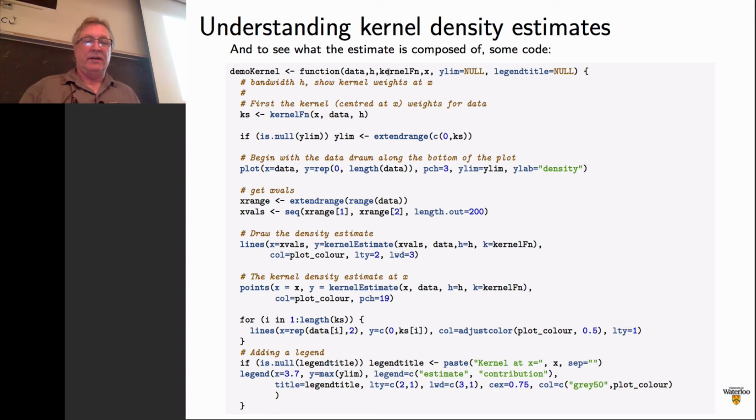It's going to take the data, h, a kernel function, the x that you're interested in, and then some other information that's not necessary. So I've got to get all the kernel values, right? Getting them centered at x, get the weights, all the kernels here.